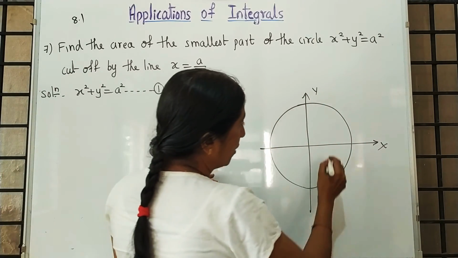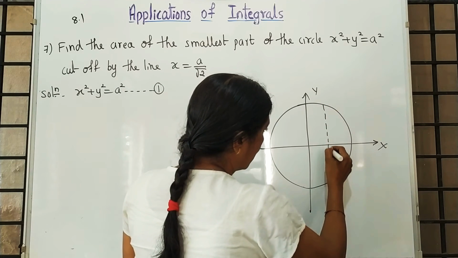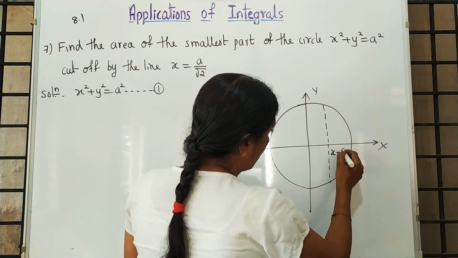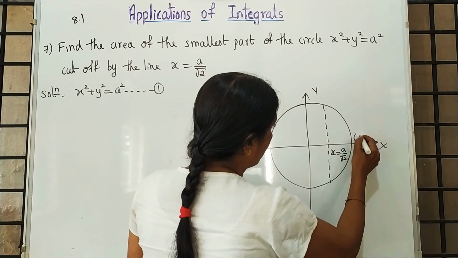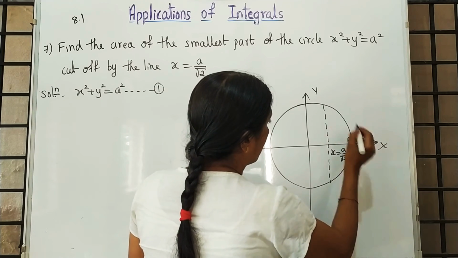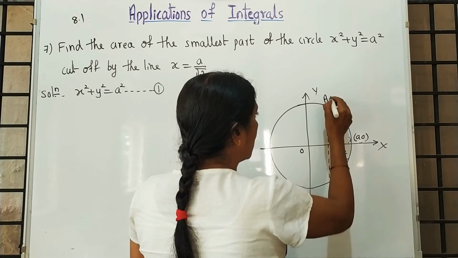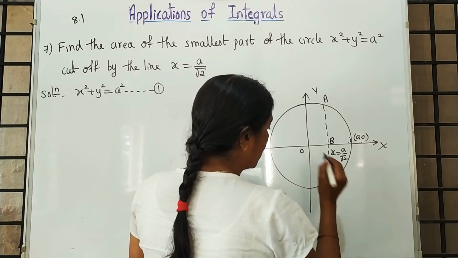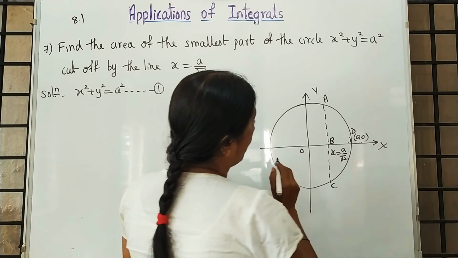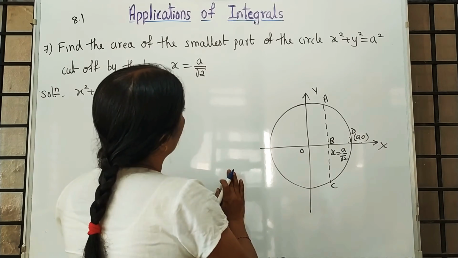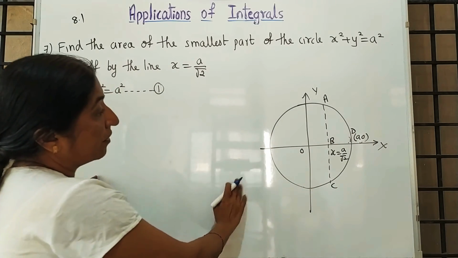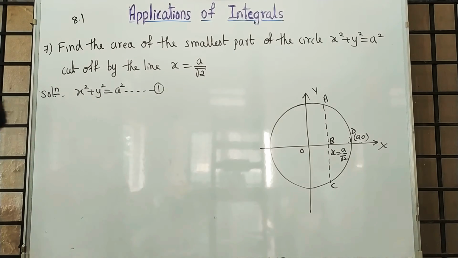Obviously, it is less than a. So, somewhere here in the rough figure, x is equal to a by root 2, because the radius is a comma 0 and this is 0. Let us call this A, B, C and this is D. We have to find the smallest area. When you observe this, we have two parts.